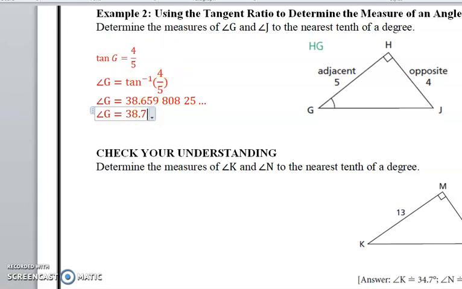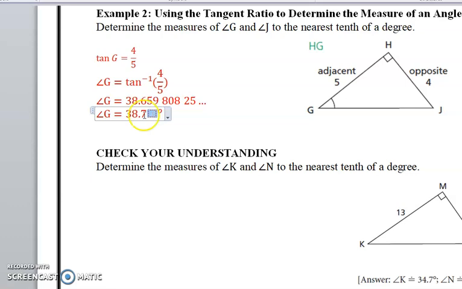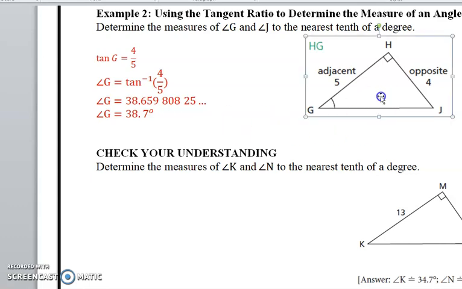And then don't forget our degree sign. So it's 38.7 degrees. And you do the same thing for J.